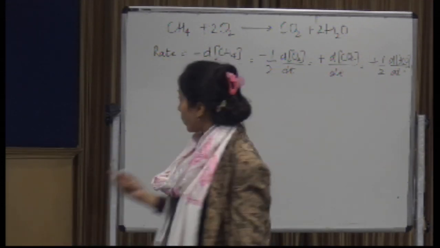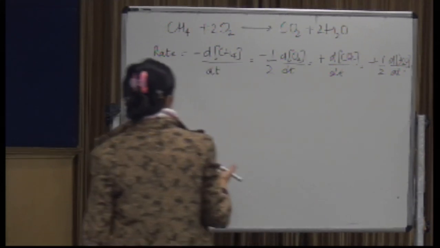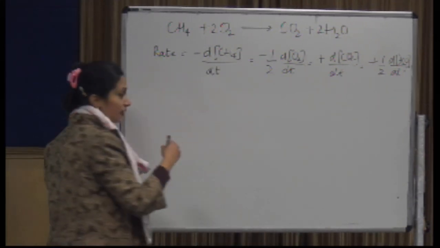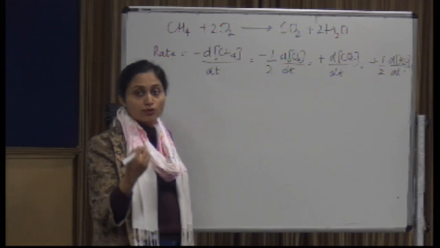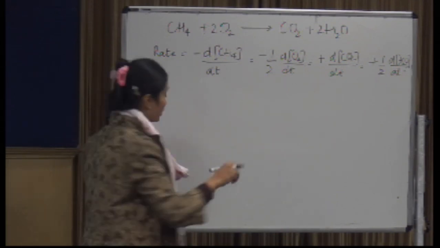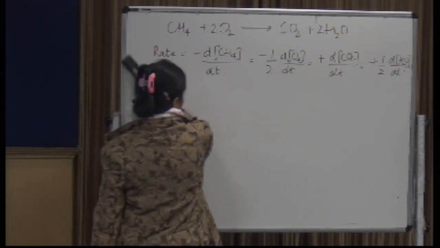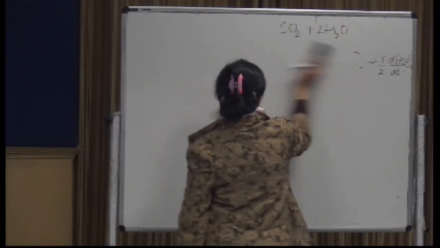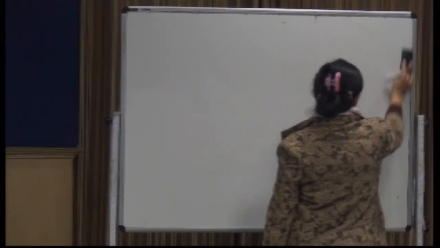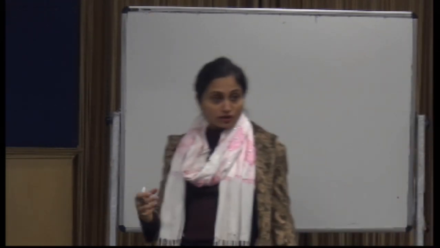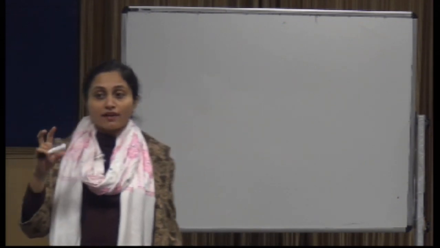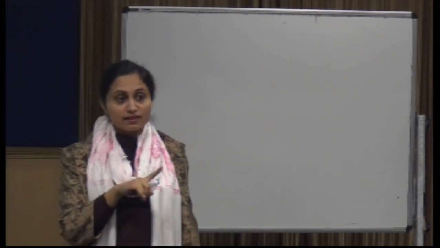Okay, now what we are saying is that if any reaction is in equilibrium, then the rate of the forward reaction is equal to the rate of the backward reaction. This is what we are talking about. Okay, so after having done this, now let's start discussions about the equilibrium states. In the equilibrium states, when there is no further change, we've already discussed that we have different types of equilibrium that we discussed in thermodynamics.